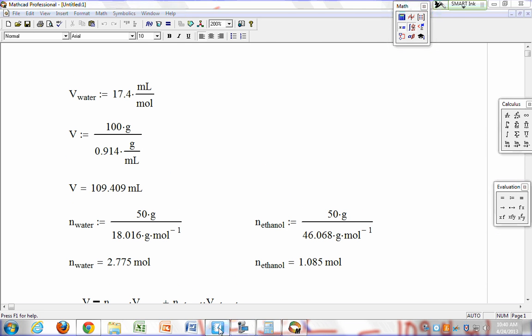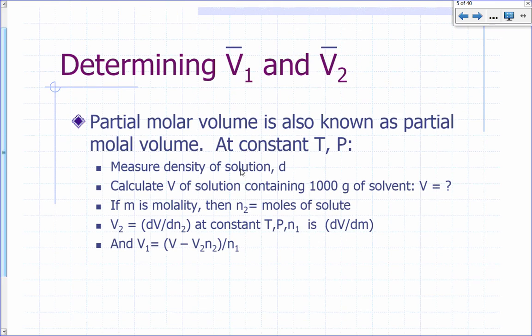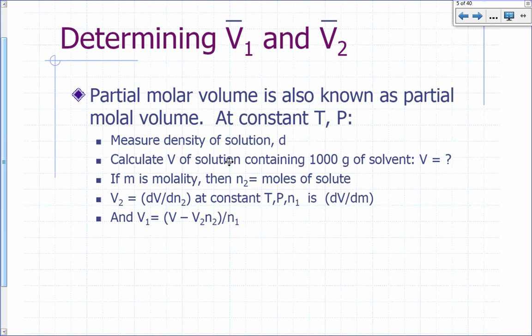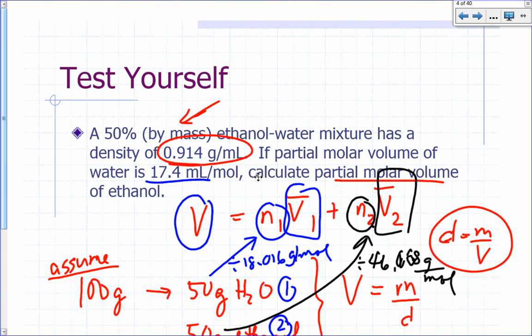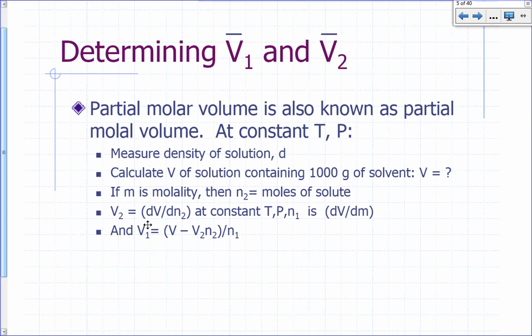So going back, let's move on. So how do we determine partial molar volumes in the first place? In the earlier problem, you're given one of the partial molar volumes, but how do you determine the first partial molar volume to begin with? Well, typically what you do in the lab is you prepare a series of solutions of known molalities.